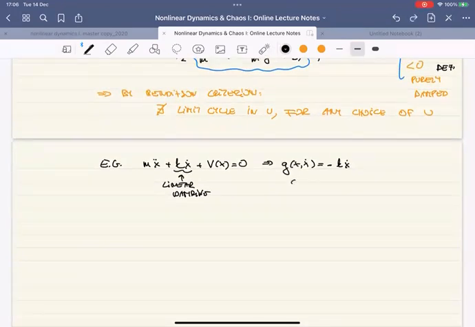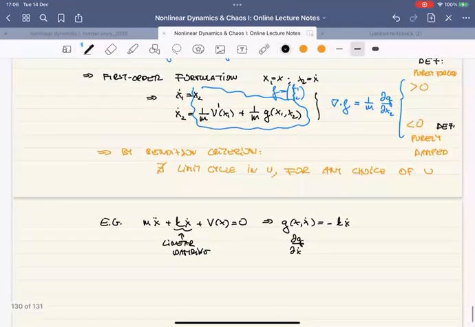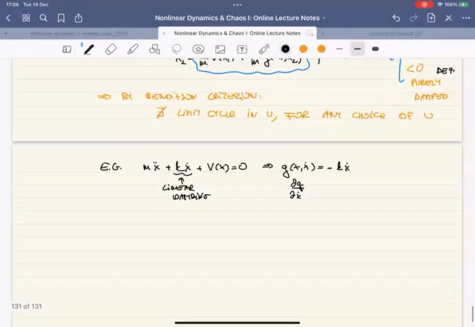I need to take dg/dx dot, with respect to the second coordinate. That's just minus k. And no matter where you are in the plane, minus k is less than 0. So for any choice of U globally in the plane, there's no way that you can pick any set that contains a limit cycle. So no limit cycle.